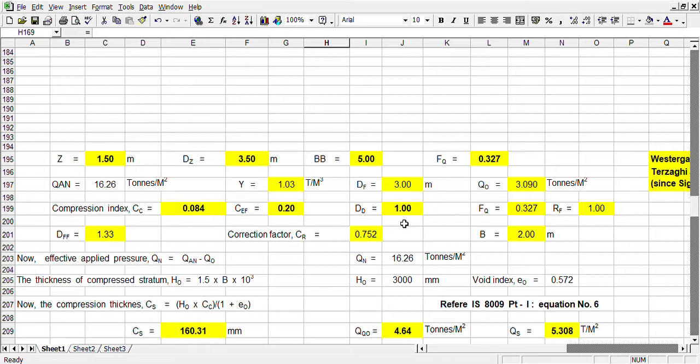But in clay strata, the pore water cannot ooze out easily, which will require even 100 years or more. So the full significant length should be considered as the affected depth.